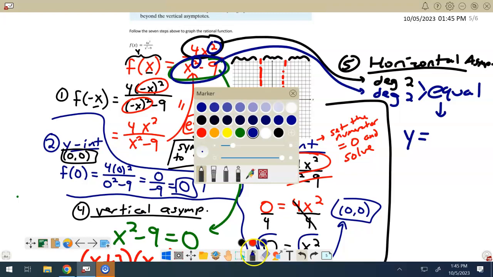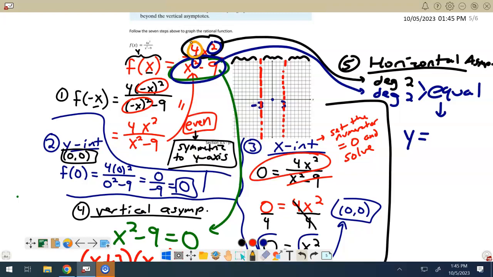The leading coefficient on top is a 4, the leading coefficient of the denominator is a 1, and so I will take a ratio of those leading coefficients. So 4 divided by 1, which gives me 4. So it's y equals that ratio. So my horizontal asymptote is at y equals 4.